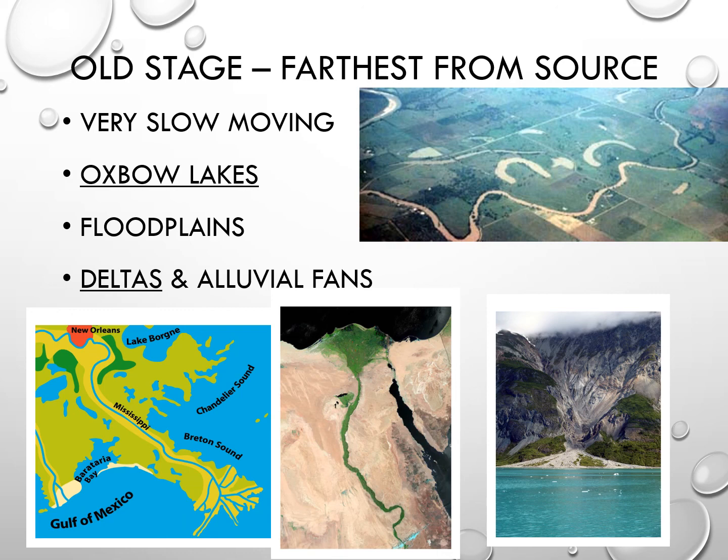A delta is formed when the sediment gets dumped in the water, and an alluvial fan forms when the sediment gets dumped on land. So those are just depositional features that form at the end of the rivers.